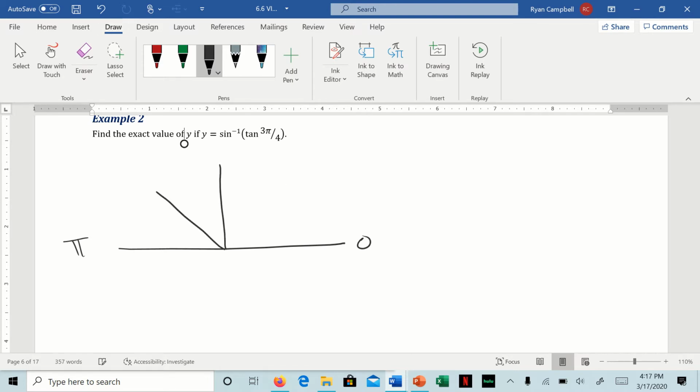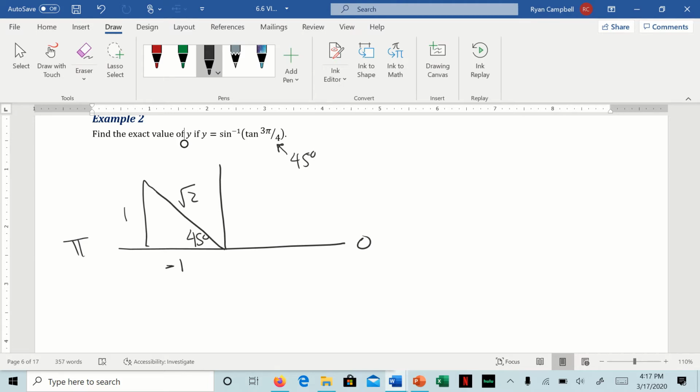So 3/4 is going to be right here. If you remember, the reflexive angle is going to be 45 degrees. Again, you can just convert it to degrees and see what you end up with. 45 is going to be 1, 1, square root of 2. Remember, you need that negative on the 1.